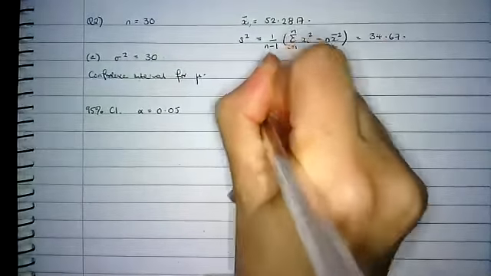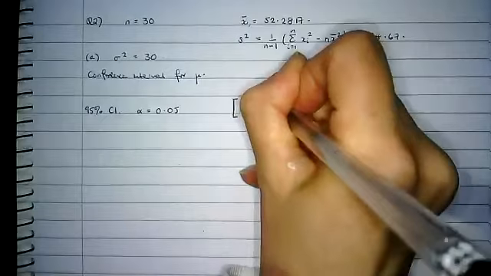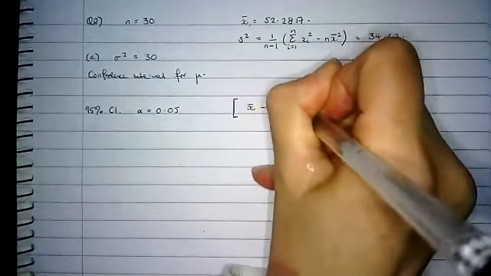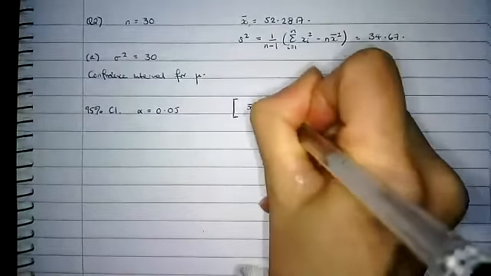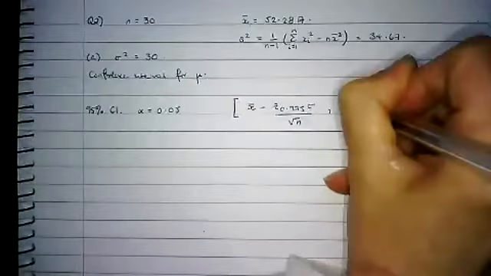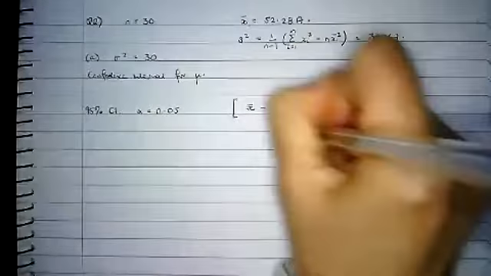So we had x bar minus a standardizing factor, which was z 0.975 sigma divided by square root of n. And the same, but with a plus instead. So we've got the mean again, and then plus the standardizing factor.